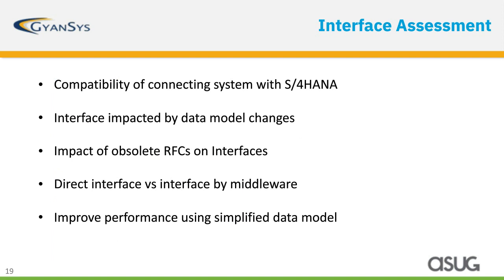Interface assessment. As I said, there is a high chance interfaces might be impacted, because to make it HANA compatible, the signature of a lot of RFCs has changed, and certain things have become obsolete. So you really need to evaluate your SAP side of the code. If those obsolete RFCs are gone, then either you'll have a new replacement or you write new code to fix that.